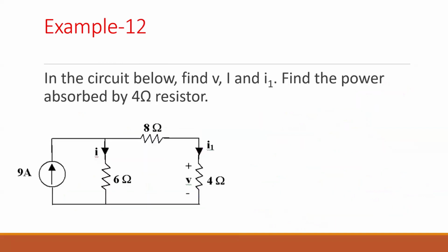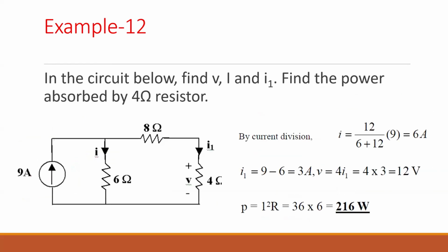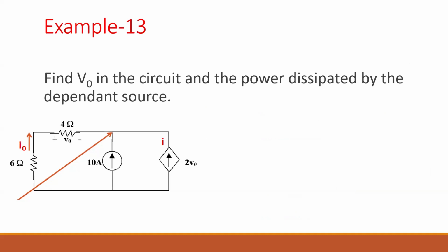So I want you to do one question with the dependent source. Did you identify there is a dependent source in this one? So you have two current sources. This is an independent current source and this is a dependent current source. This current depends on V naught. Agree?